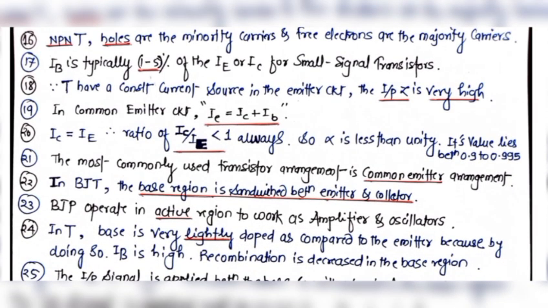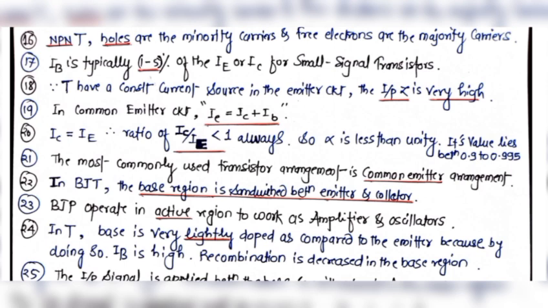In NPN transistor, holes are the minority carriers and free electrons are the majority carriers. Base current is typically 1 to 5% of the emitter current or collector current for small signal transistors. Since transistors have a constant current source in the emitter circuit, the input impedance is very high.